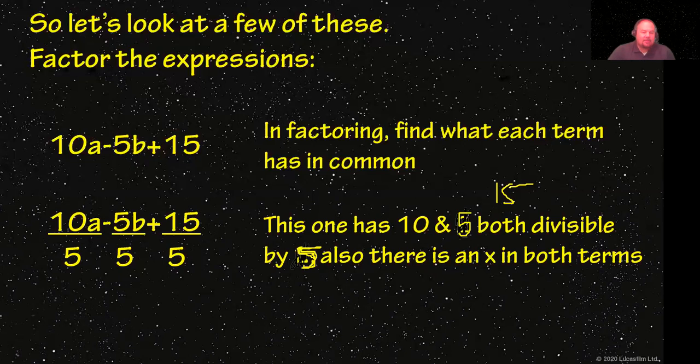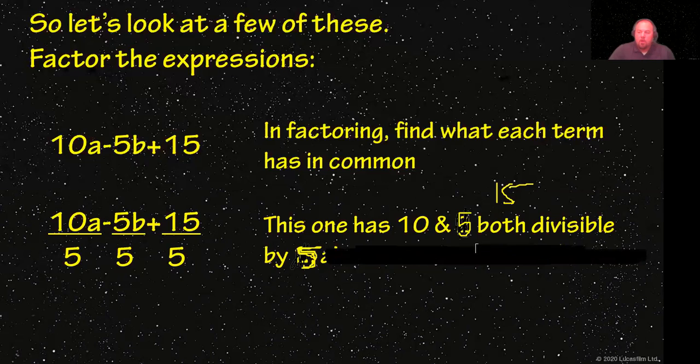On that one, it's only going to be the 5. That's the only thing. So we don't need to worry about the x there. We are just looking at the other part.